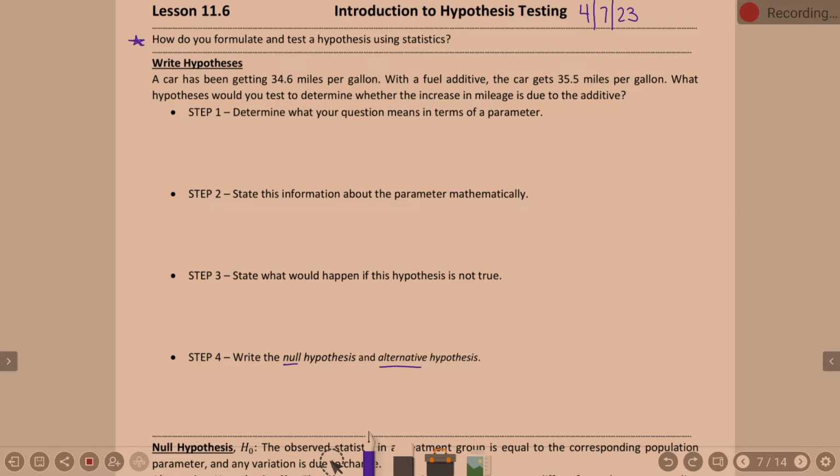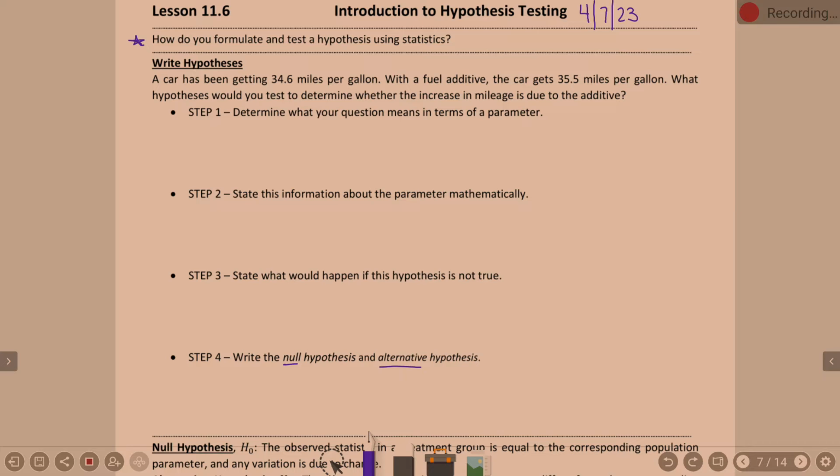And so what does this mean when we look at step 1? Basically, it's just writing an understanding of the question. That's what I think of it as. But how do we know the additive works? The additive works if the gas mileage is increasing, right? If the additive is not working, what's happening with the gas mileage? It's probably staying the same, right?